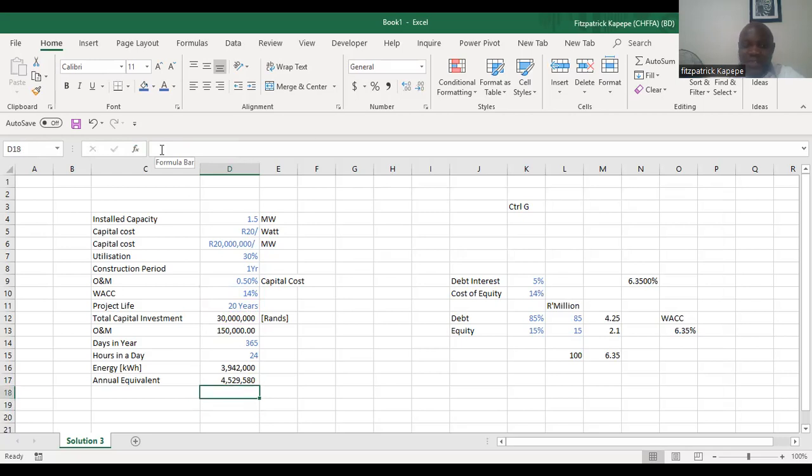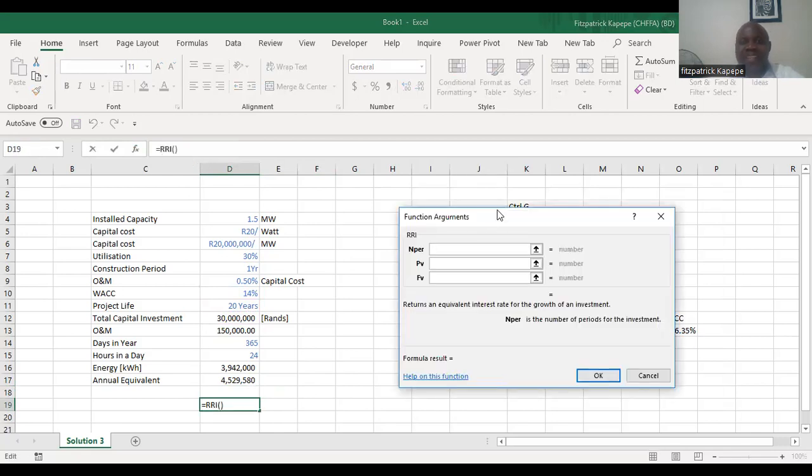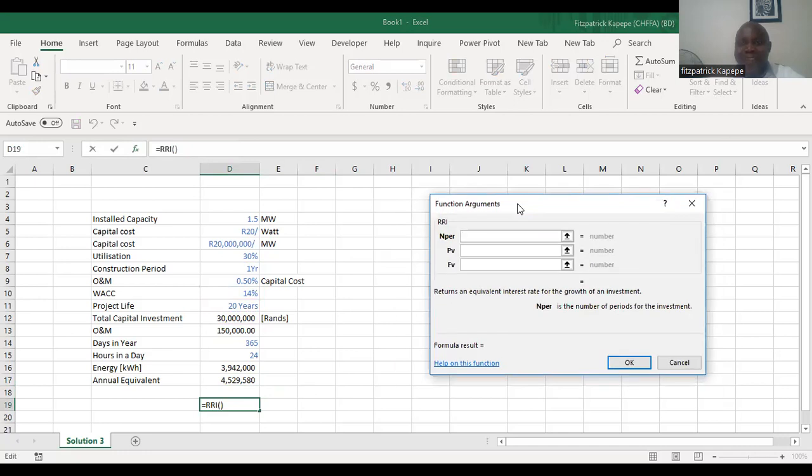If I try the RRI, let me just check. I hope it works. It should give me this 14%. I'll say the number of periods, 20, just observe what this does.